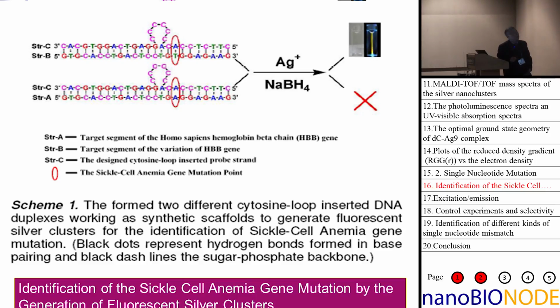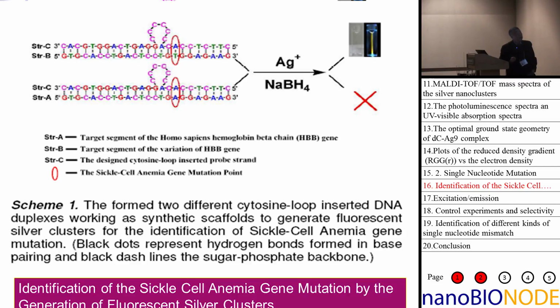So here in this case, strand A is the target segment of the human hemoglobin beta chain, we call it HBB. And B is the mutation of this, the target segment of the variant of HBB.